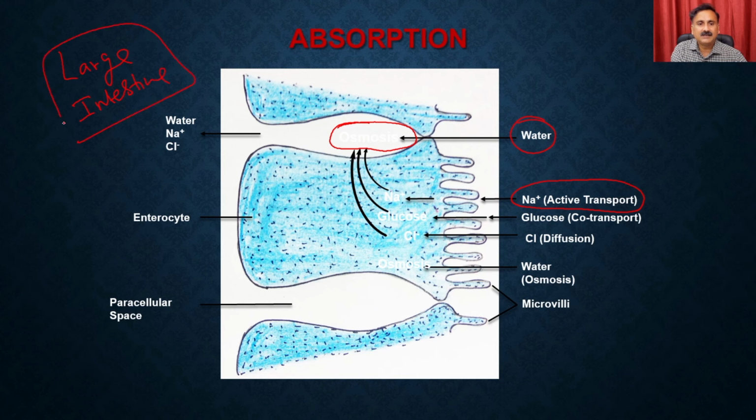In the large intestine, the water is either taken up by osmosis, or by the minerals like the sodium as an active transport, or it can also be taken up by glucose transport, chlorides, and the water by osmosis, and all these microvilli are going to participate in these reactions, and that's how the sodium, glucose, chloride, and osmosis are going to take up water from the food materials, and that's how it will enter into the body.